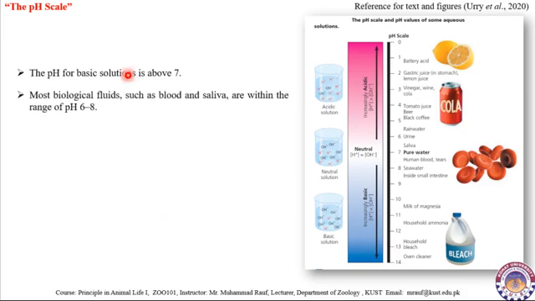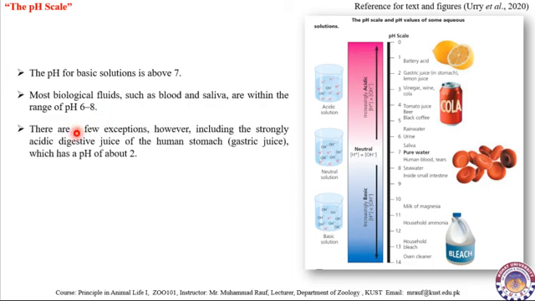The pH for a basic solution is above 7. Most biological fluids such as blood and saliva are within the range of 6 to 8 pH. There are a few exceptions, however. For example, the gastric juices present in our stomach have a pH of 2.